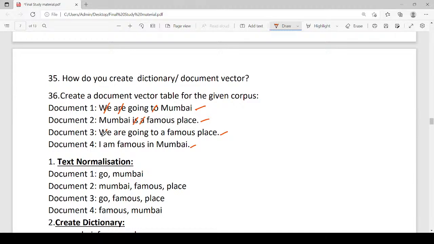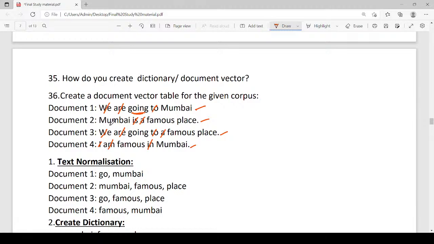So I'm striking off all the words that would get removed when we are removing the stop words. So we end up with document 1 with words go and Mumbai. Why go? Because going gets stemmed or lemmatized to go. Then everything in lowercase, keep that in mind.